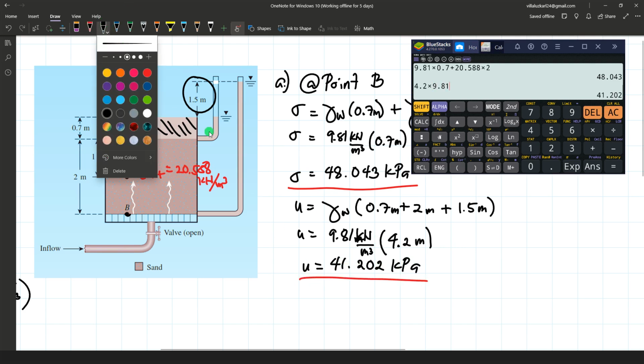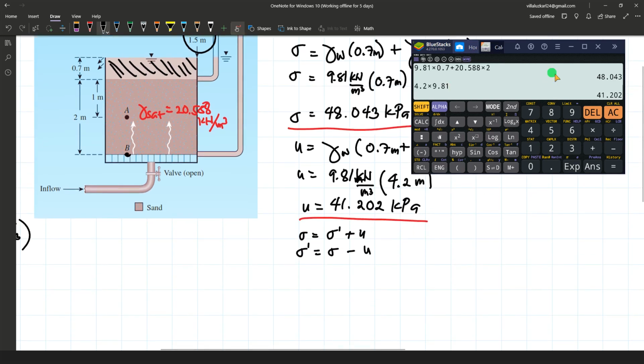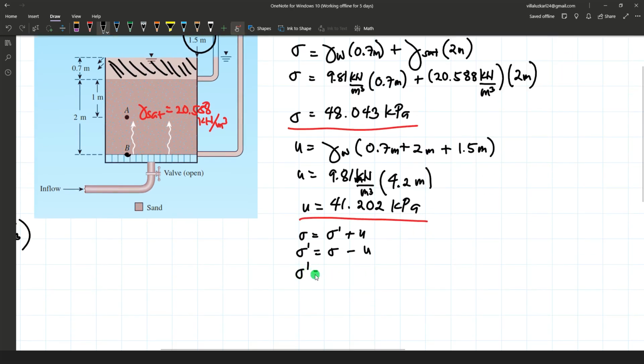So if the total pressure is effective stress plus pore water pressure, then the effective stress is the difference of total stress minus the pore water pressure. So effective stress therefore is equal to 48.043 kilopascal minus 41.202 kilopascal.